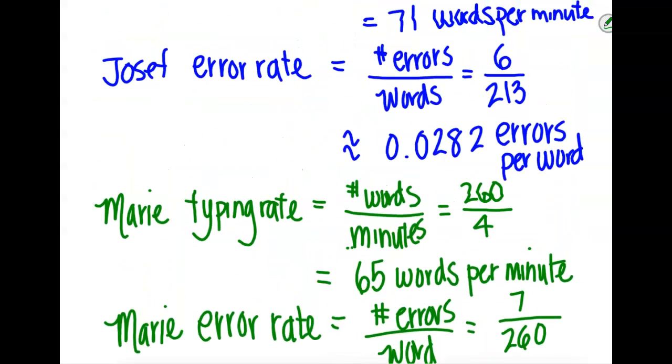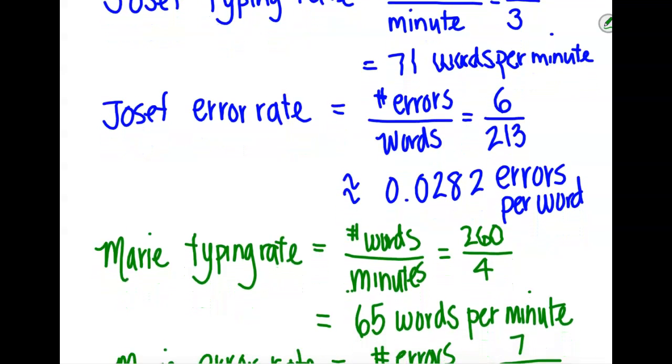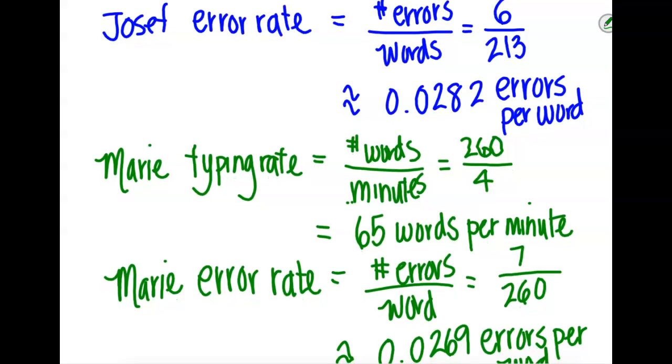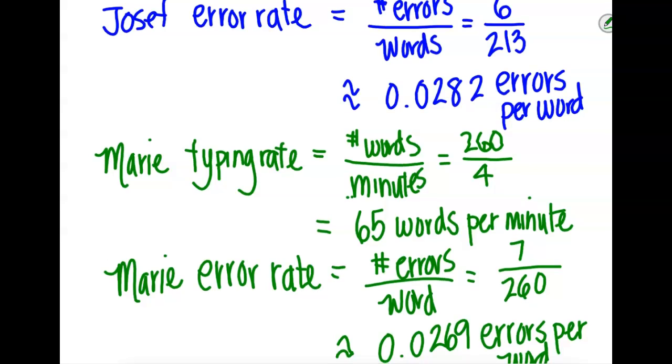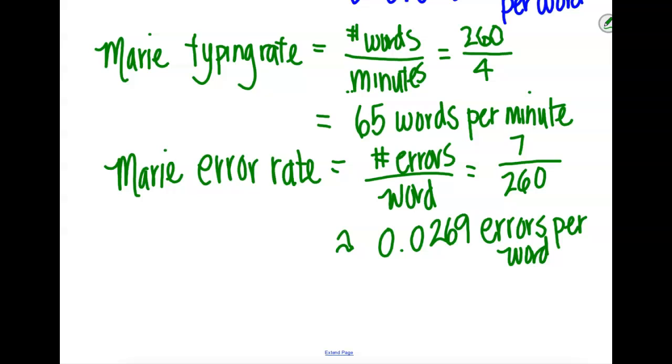Now let's compare the two. So if we go back up, Joseph typed 71 words per minute, while Marie typed 65 words per minute. So Joseph typed faster. Now let's talk about the errors. Joseph had 0.028 errors per word, where Marie had a smaller error rate of 0.0269 errors.